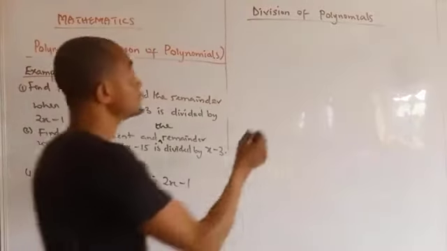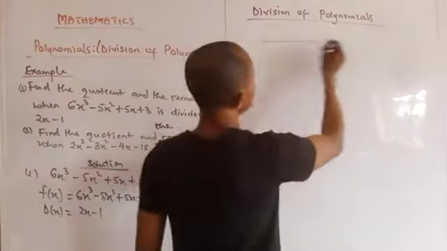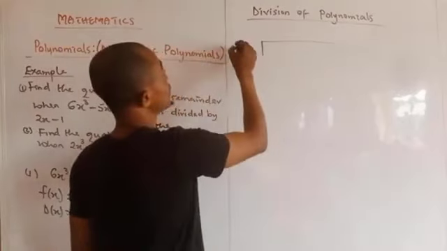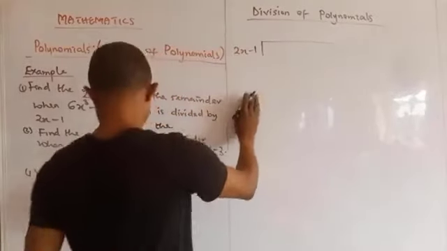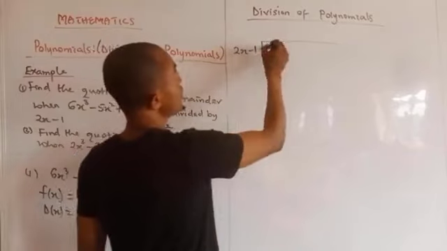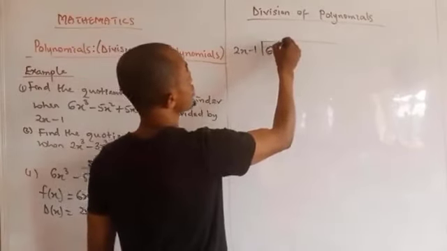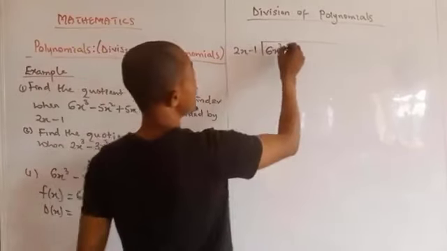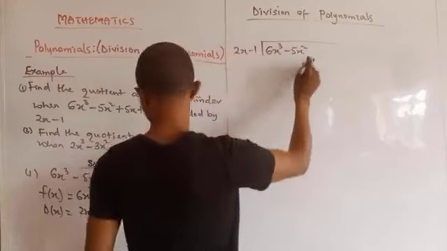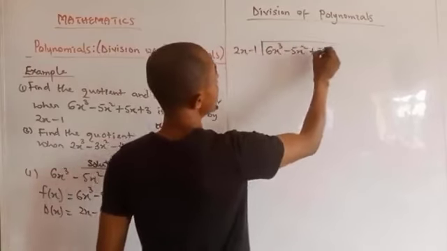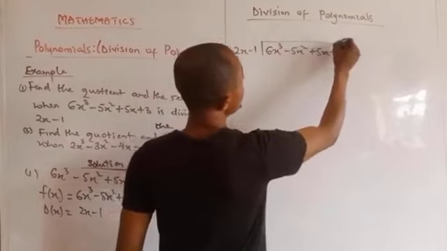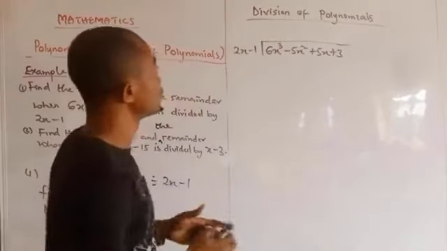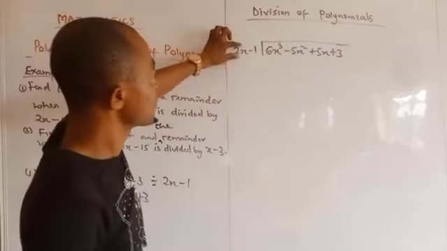So let's do it here. We draw a table like the normal division table. This is 2x minus 1. Then we have the dividend 6x cubed minus 5x squared plus 5x then plus 3. So we start with the first term.